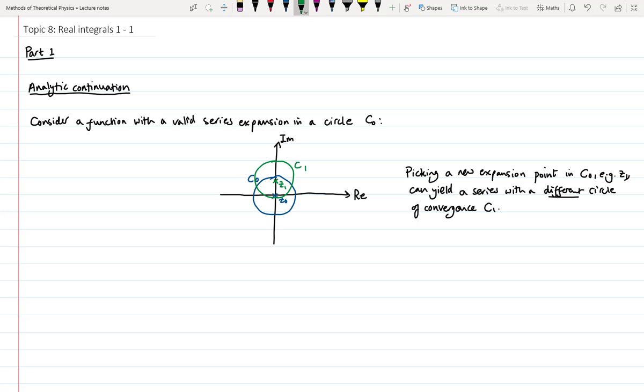This is C1. This is called analytically continuing the original function into the new region C1. I'll write that down. We say that the original function has been analytically continued into the new region.